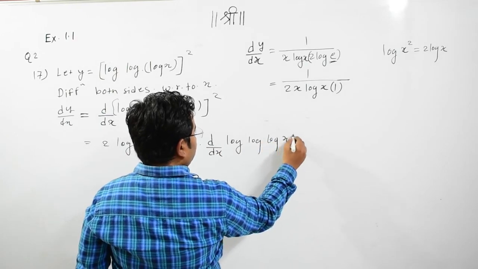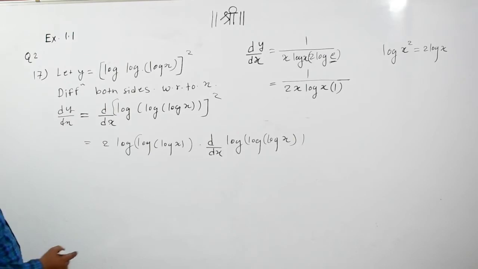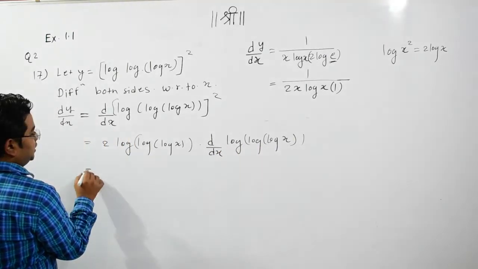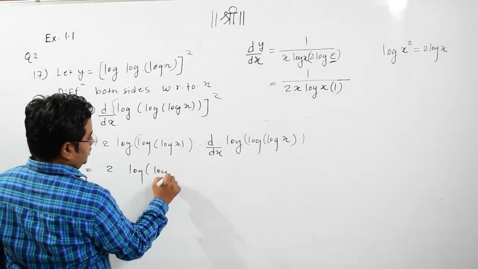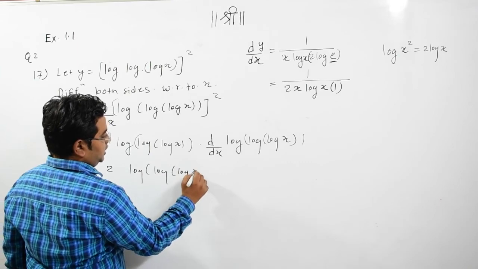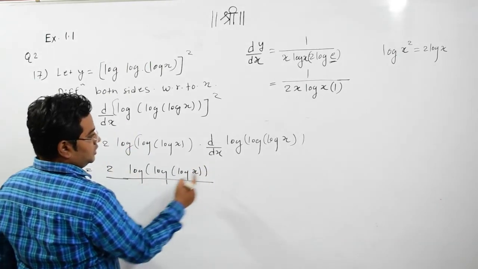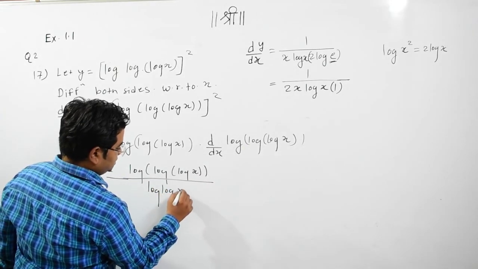And again at this side we need to differentiate one quantity, d upon dx of log of x. Okay, so on that basis, if you take the differentiation of the log of this whole function, it will be 1 upon x. So that 2 log of x, divided by what? This 1 upon log x.